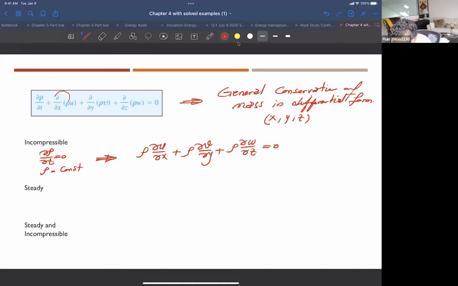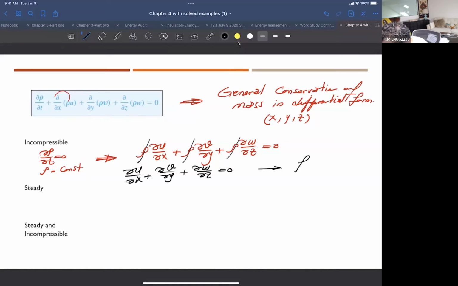And of course, because this is 0, I can divide the whole equation by rho, which means du by dx plus dv by dy plus dw by dz is equal to 0.